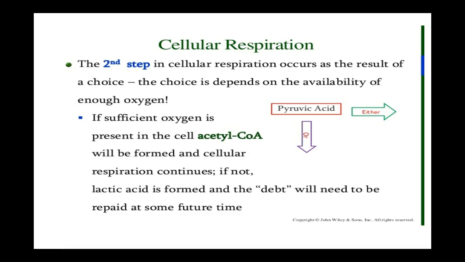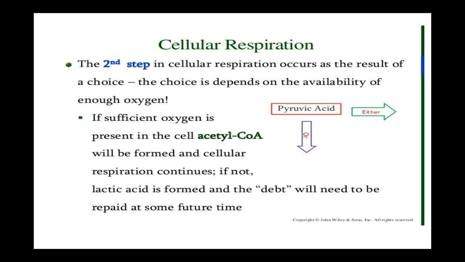The second step depends on the availability of enough oxygen. So if you have plenty of oxygen, you're breathing, and you're not working out, then that pyruvic acid can be turned into acetyl-CoA. Acetyl-CoA means you will take another one of those carbons off pyruvic acid, and then it can go into the Krebs cycle.